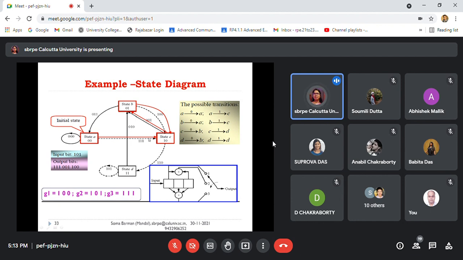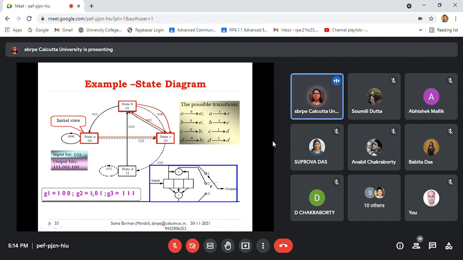One important thing is how to draw the state diagram. What information is required? One is the state definition and your encoder design, or the code rate as well as your connection diagram should be given, or it may be mentioned in this form so you can easily draw the connection.